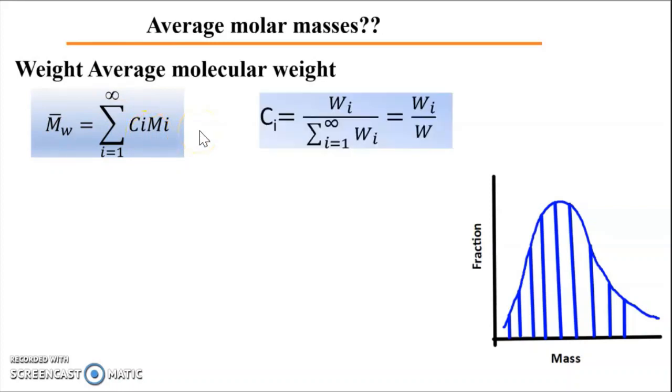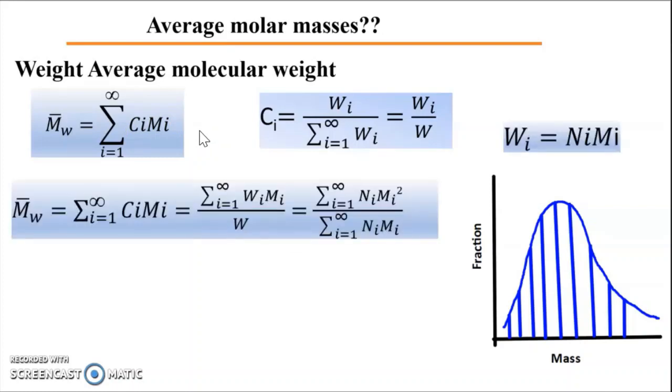And as the fraction Ci is given before as Wi over W, I can combine these two formulas and develop Mw as the summation of WiMi over W. And if I put Wi by its value niMi, the weight average molecular weight will be a summation of niMi squared over the summation of niMi.